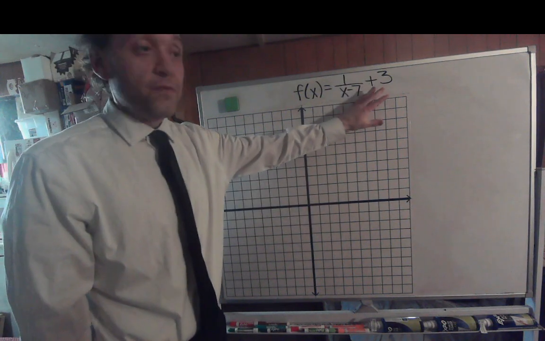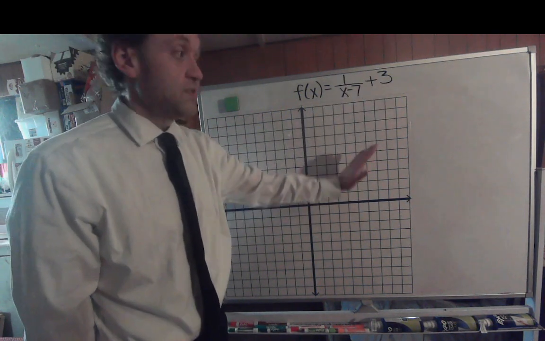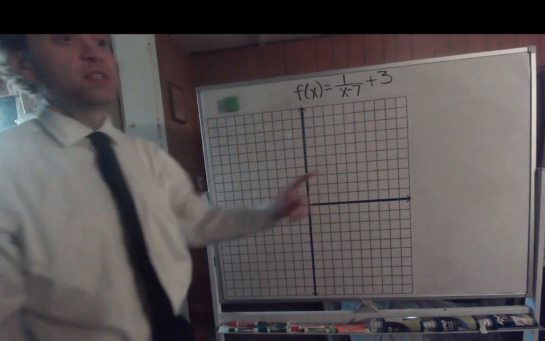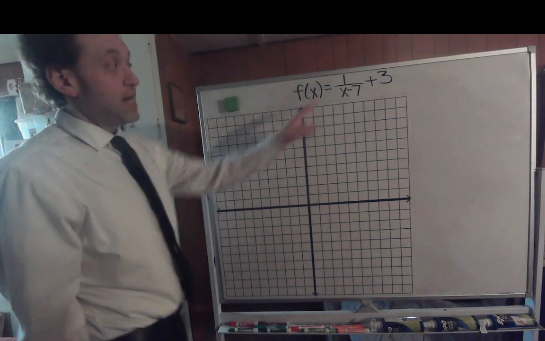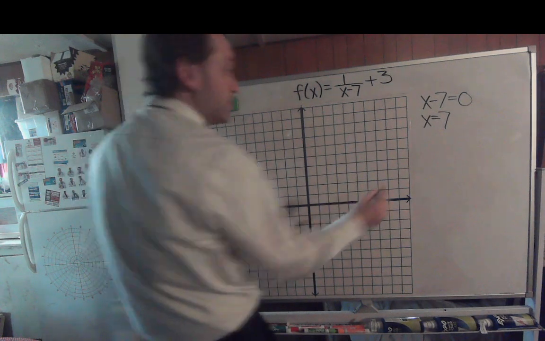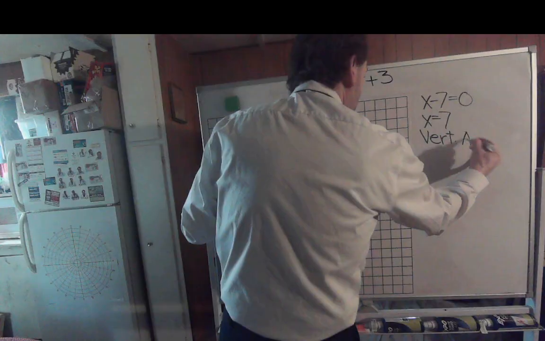And then that whole fraction plus 3 means everything's shifting upward 3 units. So set your x minus 7 equal to 0. If you do that, of course you're going to get an x value of 7. X equals 7, that would be your vertical asymptote.